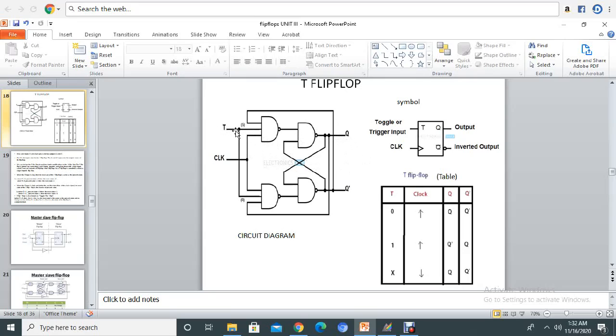If T is equal to 1, then you will get the toggled output, that means Q bar. So T is equal to 0, Q. If T is equal to 1, then the output will be Q bar. Okay, so this is the working of T flip-flop. Okay, thank you.